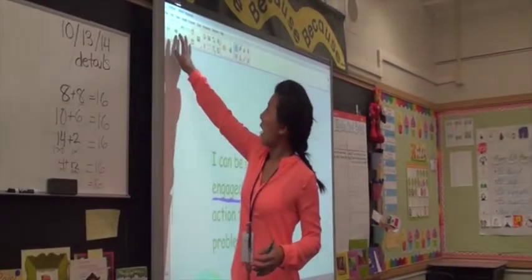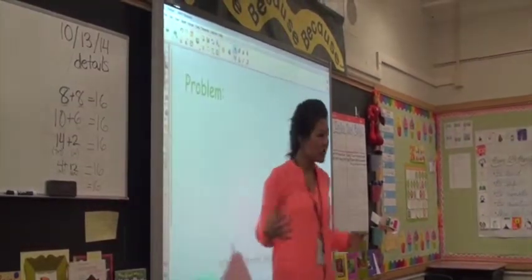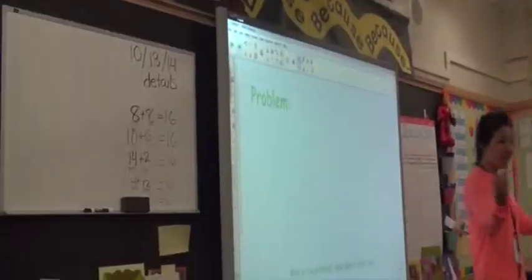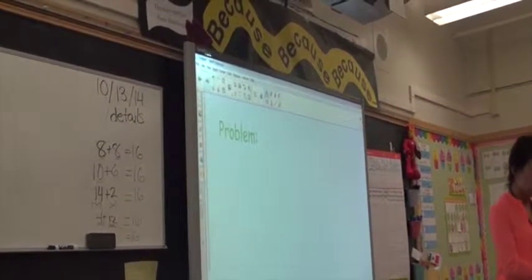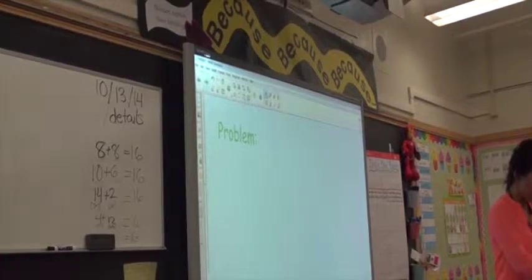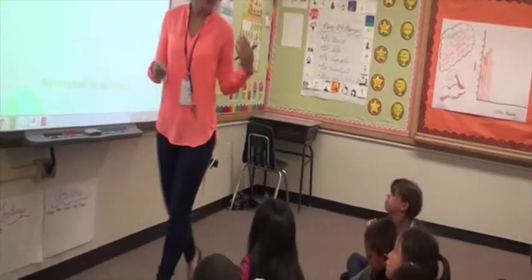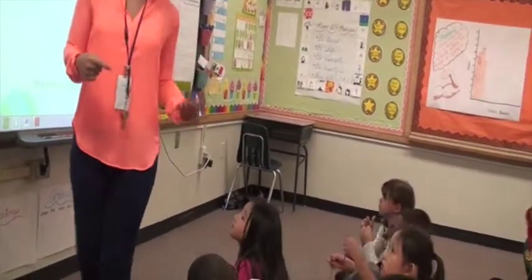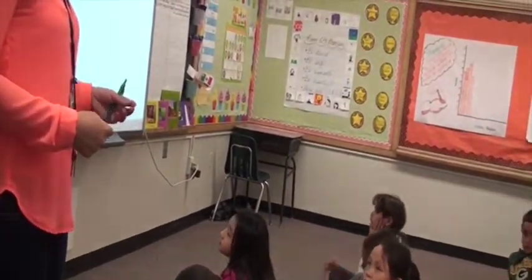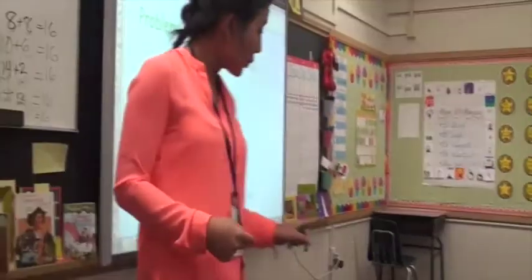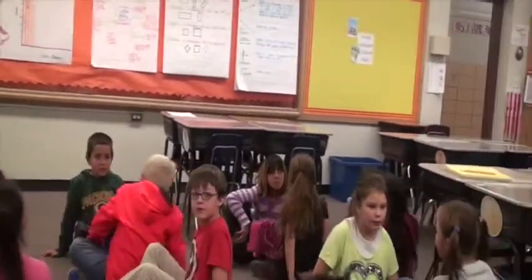So I'm wondering, what are some different problems that you see within our community? It could either be at school, it could be at your homes, it could be in your neighborhoods. I want you to be thinking about the different kinds of problems that there are in our community. Quietly go knee to knee with your partner and talk about the different problems in our community.